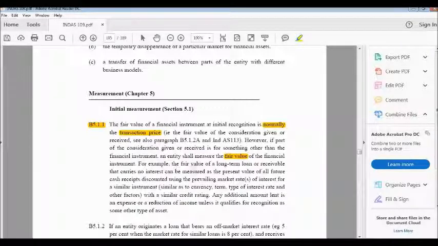For example, the fair value of a long-term loan or receivable that carries no interest can be measured at the present value of all future receipts discounted using the prevailing market rate of interest for a similar instrument. Like if you have given a loan to some person without charging any interest, obviously that is not the fair value of that loan. So you have to calculate the fair value of that loan by discounting at the prevailing rate of interest. That's how you have to calculate fair value.